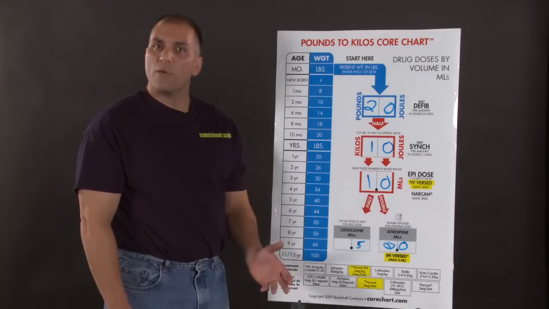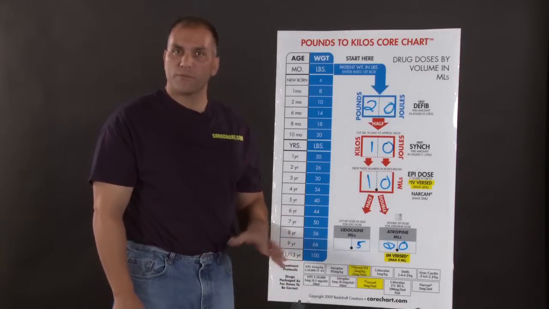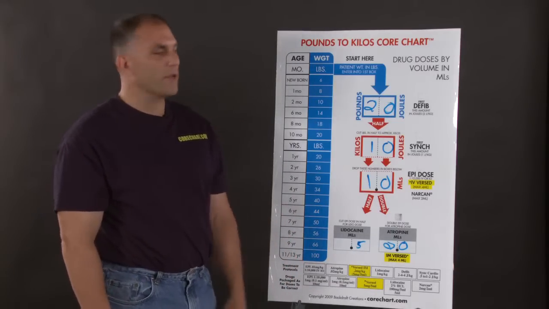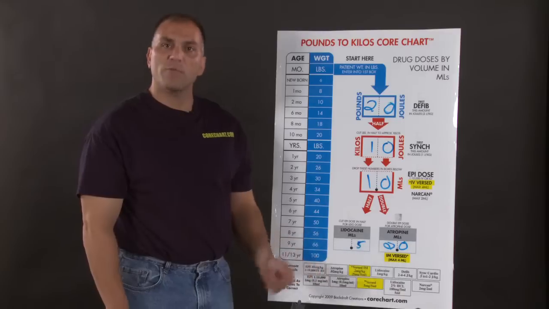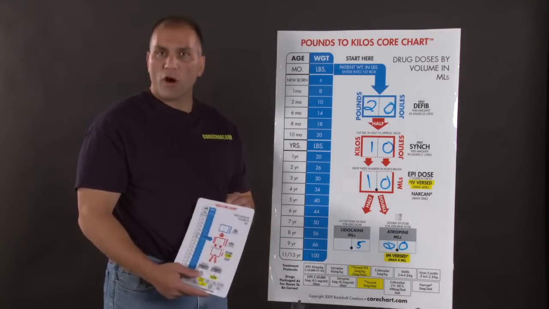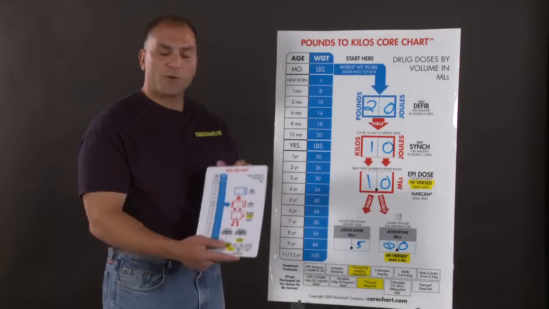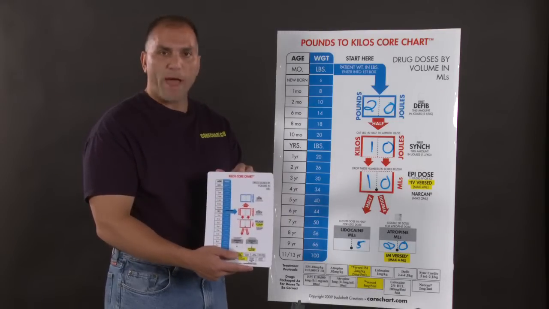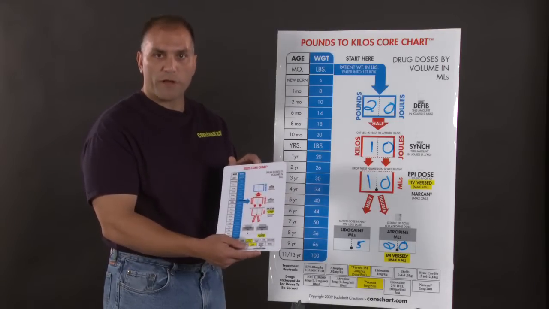At corechart.com, we do have a bunch of different products to be used in different situations depending on your environment. We do have poster size available both for training and, per se, hospital rooms, for code cards and pre-hospital for our PEDS bags. We have a smaller dry erase version.